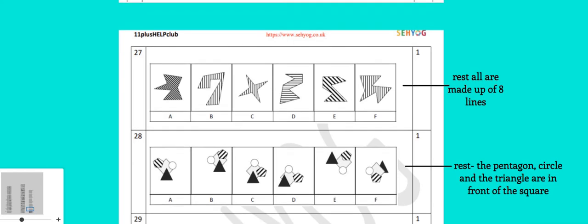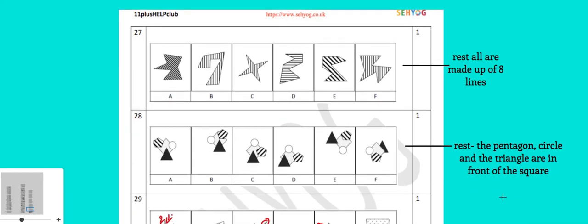Moving on to our next example, that is example number 28. If we look at this example carefully, it might seem a bit confusing at first, but all we need to do is view them properly. As I have written, in the rest of the figures except for the answer figure, the pentagon, the circle and the triangle are placed in front of the square, or diamond, whatever we can call it. So for A, all of them are in front.